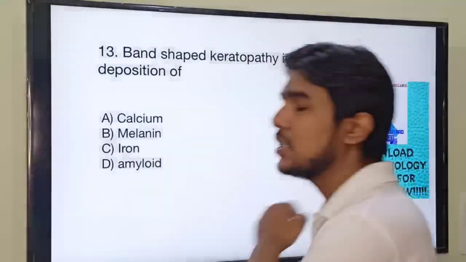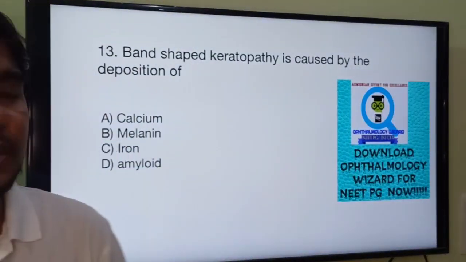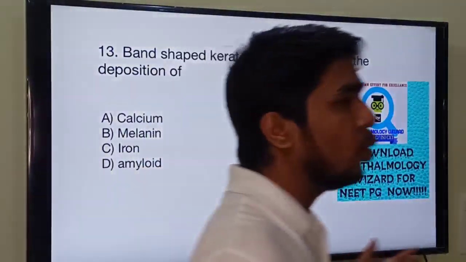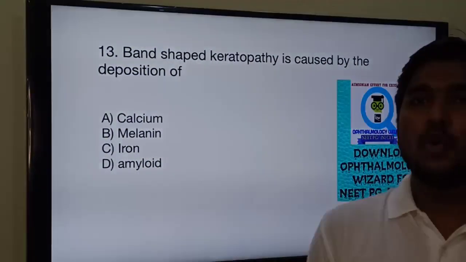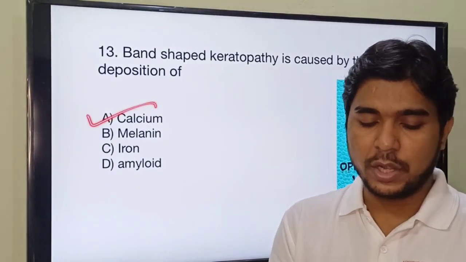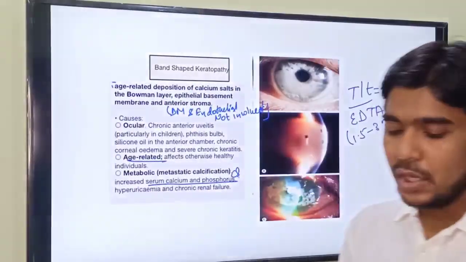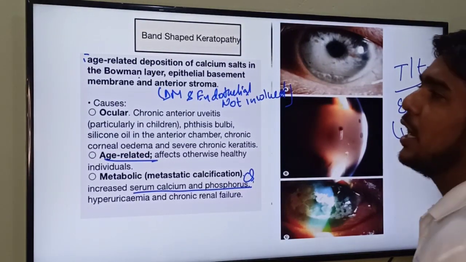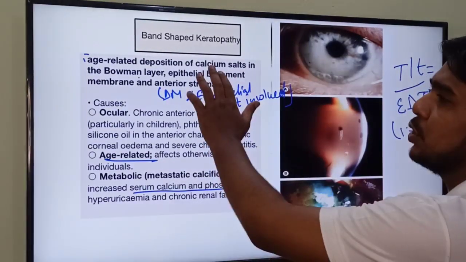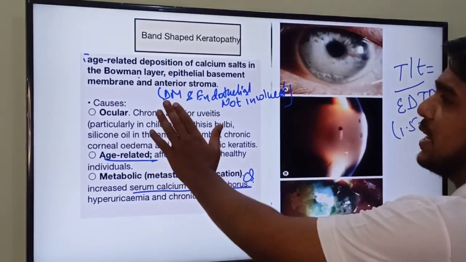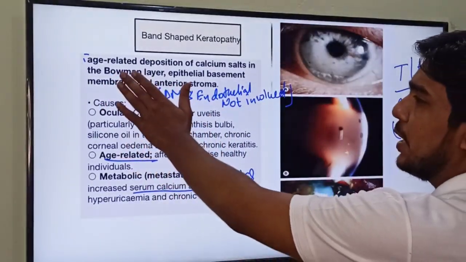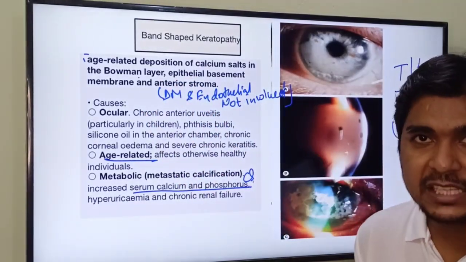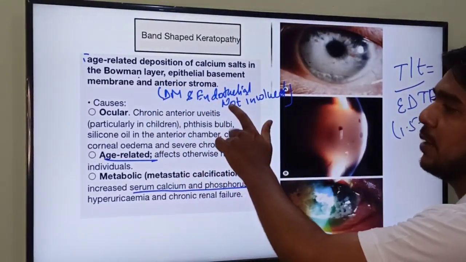Band-shaped keratopathy is because of the deposition of what? Calcium, melanin, iron, amyloid. The answer, obviously everybody knows, is calcium. Some important facts for band-shaped keratopathy: there is calcium deposition in Bowman's layer, epithelial basement membrane and anterior stroma, but no calcium deposition in Descemet's membrane or endothelium.